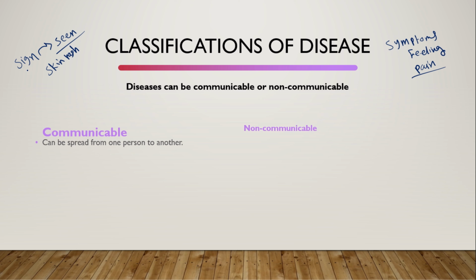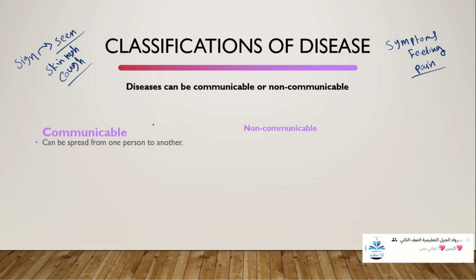So a sign is something I see, like a skin rash or a cough. Sign is evidence of a disease that can be seen by others such as skin rash or cough, but symptom is a feeling or physical change experienced by the patient such as pain.